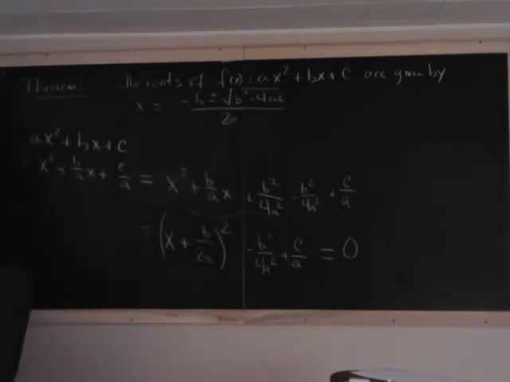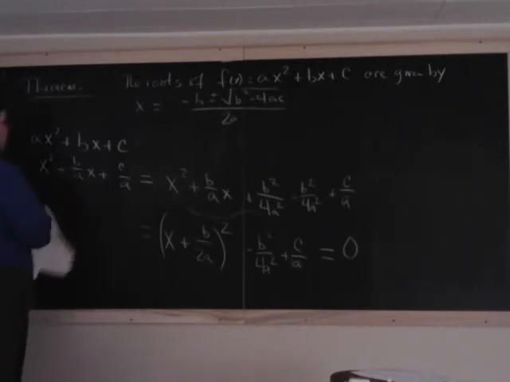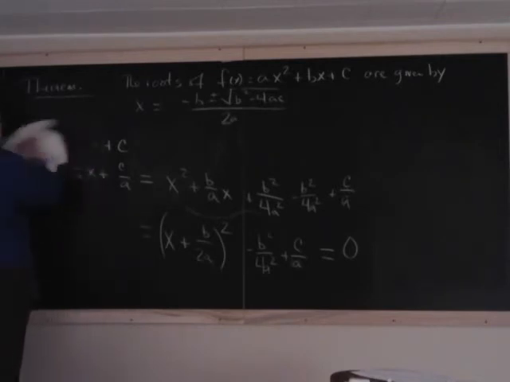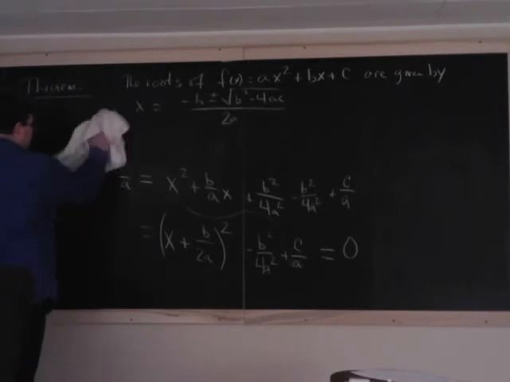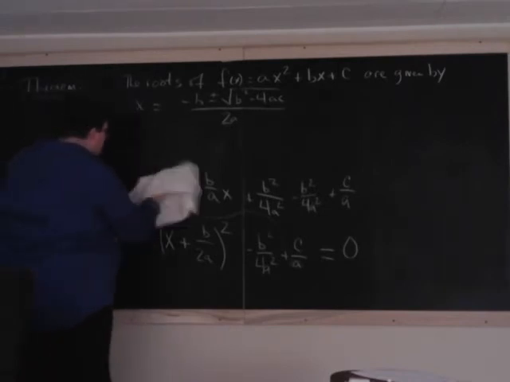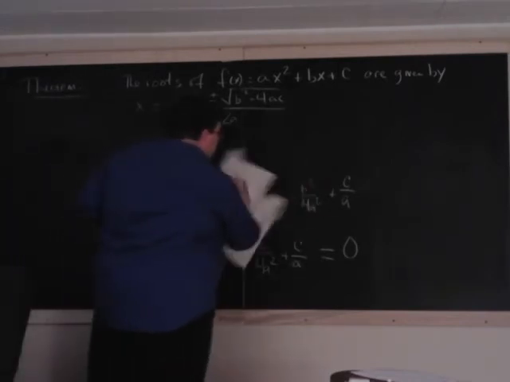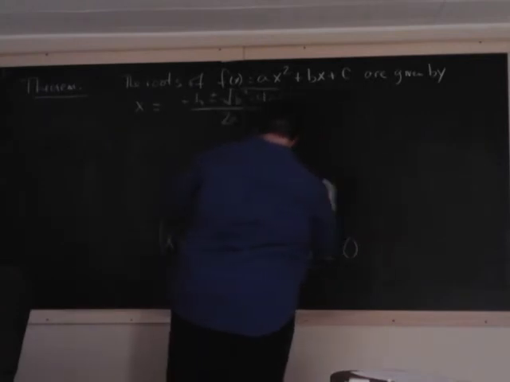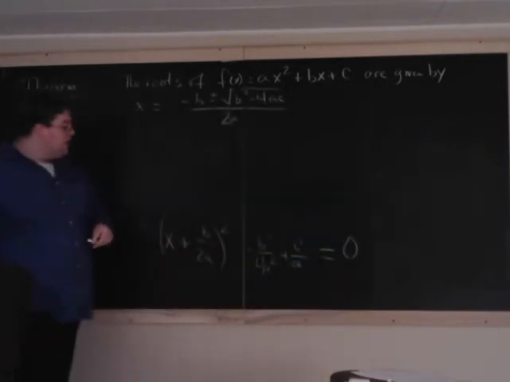I'm debating where on the board I want to do it. I don't think I'll have room over there, so I'm going to have to go back to the beginning of this first board. So I'm going to erase everything except that bottom line, and then I'm just going to rewrite that bottom line up here.